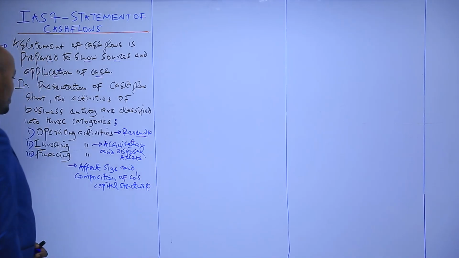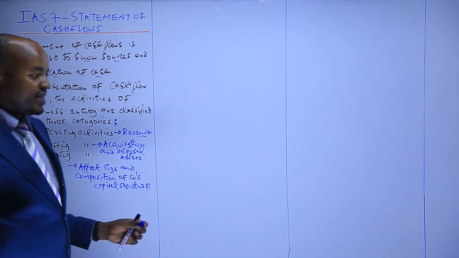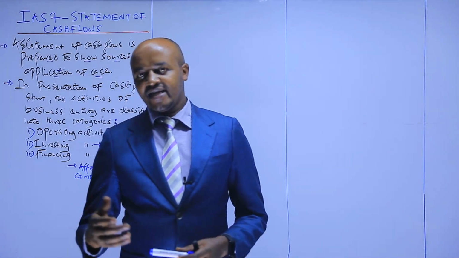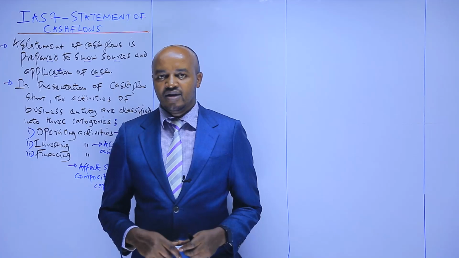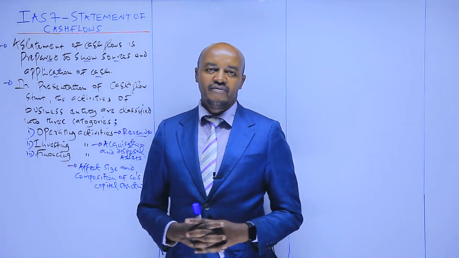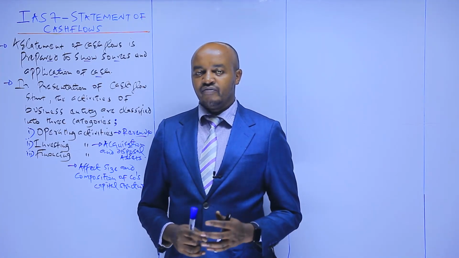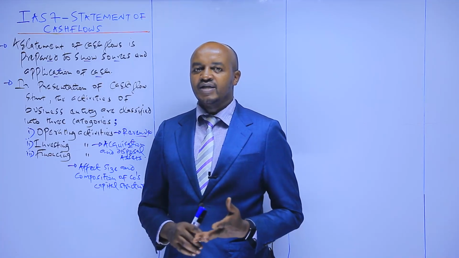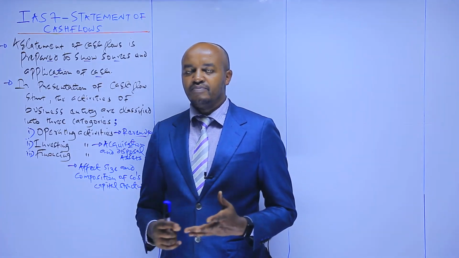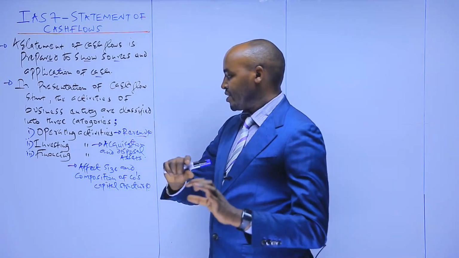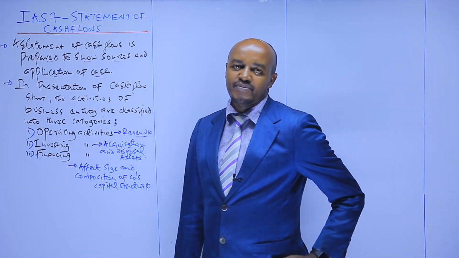Good examples of such activities include issuing shares, issuing debentures, acquiring a bank loan, the repayment of a bank loan, and so on. All those activities, by the end of the day, will affect the company's capital structure.